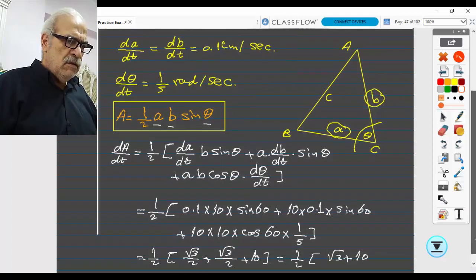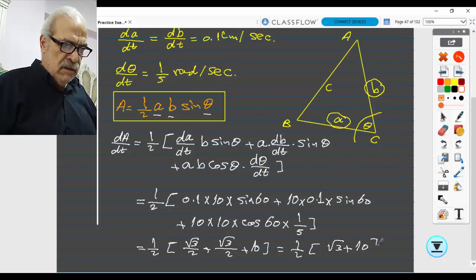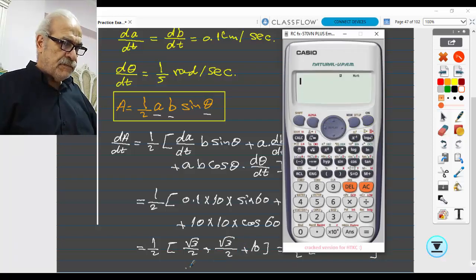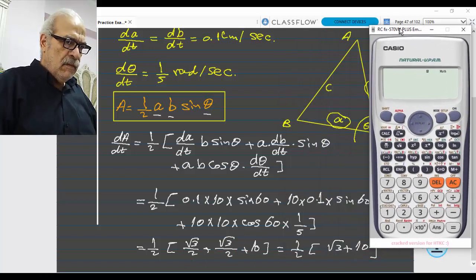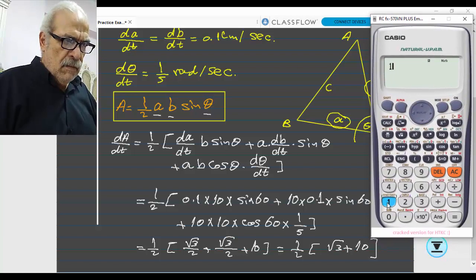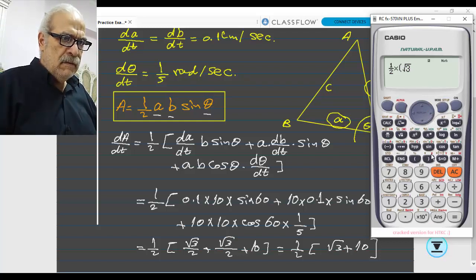Okay, so we'll calculate it in the calculator to find its value. Half multiply √3 plus 10.